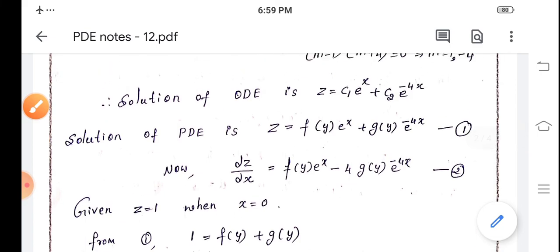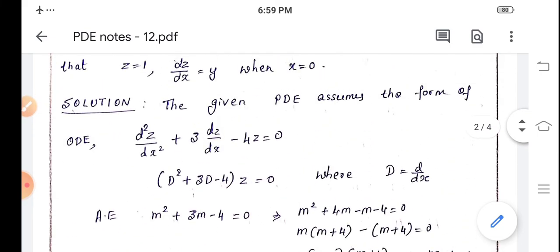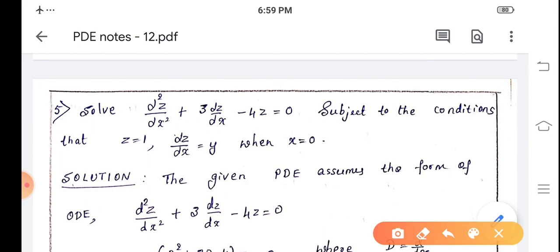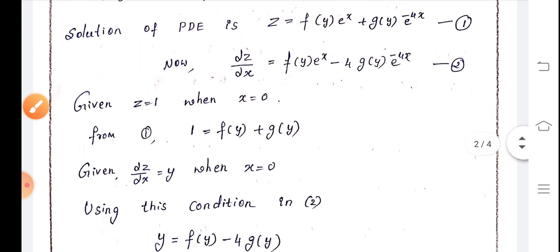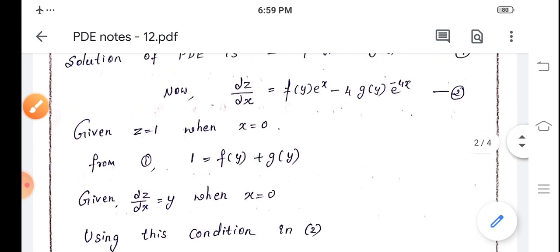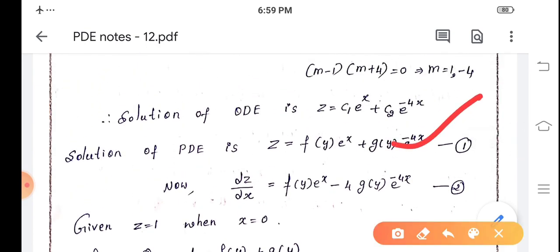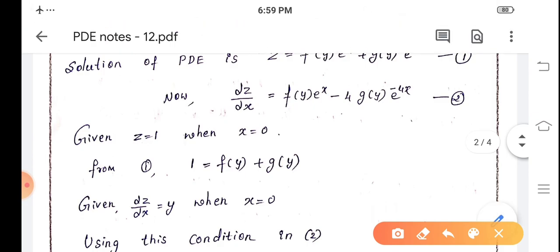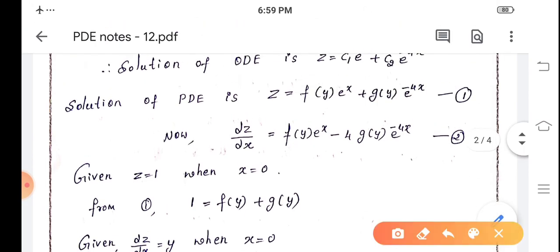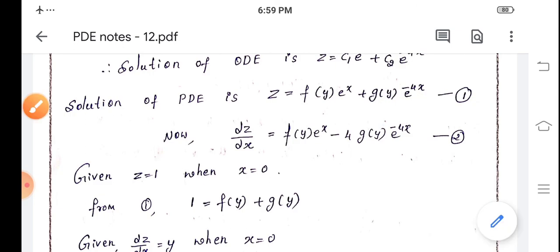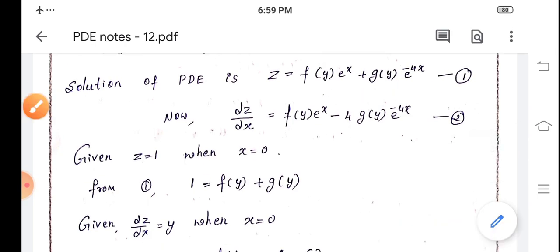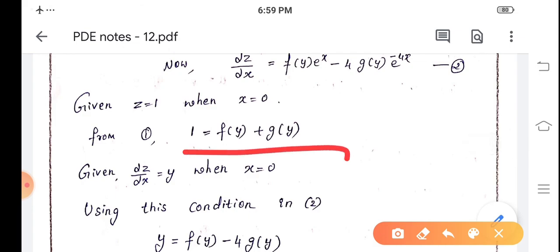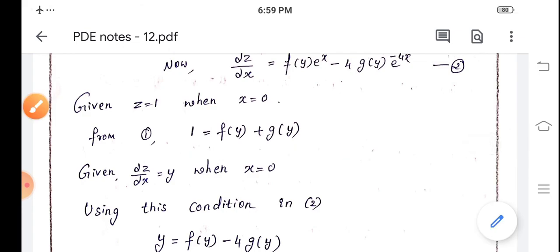Now, we can make use of the given conditions, that is, when x = 0, z = 1. Using this condition in equation 1, we write z = 1, so 1 equals, here we put x = 0. When we take x = 0 here, we obtain f(y) + g(y). That gives 1 = f(y) + g(y). We will get one equation involving two functions, f and g.